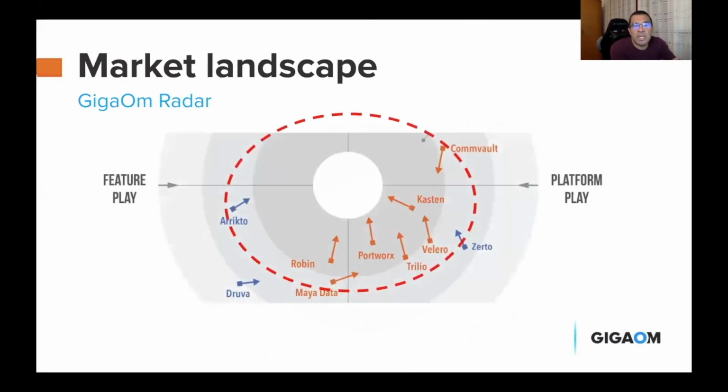If we zoom in, you can see in this area that there are many companies in one way or another approaching data management, and they have consistent roadmaps that show that in the future they will be able to provide even more than what they are doing today regarding data management.